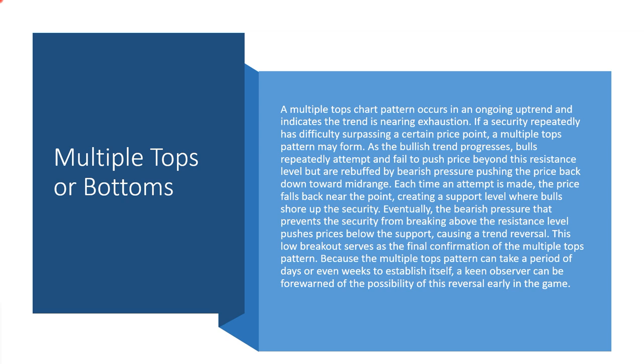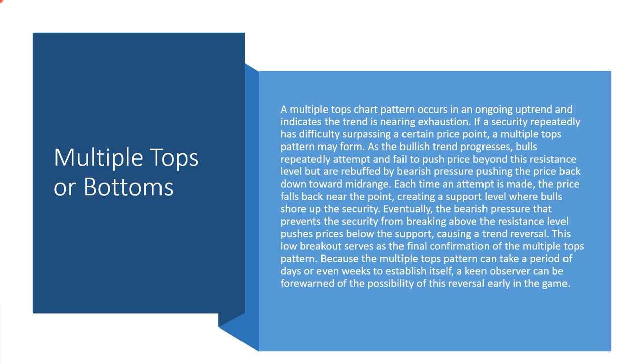Okay. Now, as I mentioned before, the head and shoulders pattern can be classified as a multiple top pattern, except instead of being a triple top, we have two tops and a higher top. Okay.